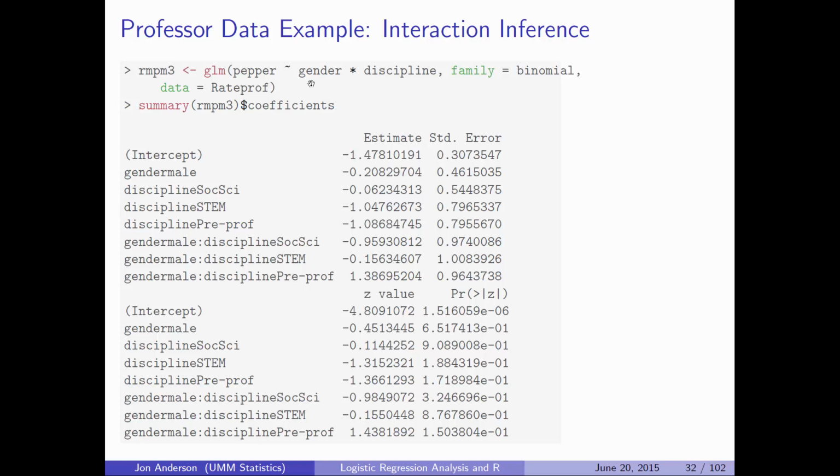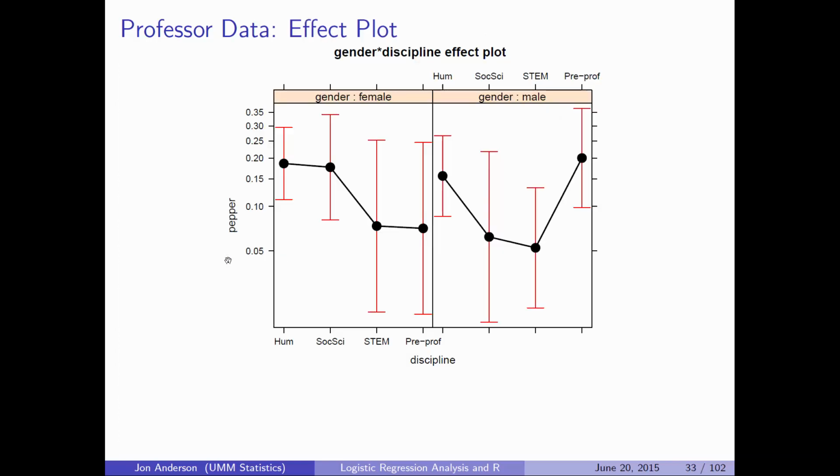And so that is a complicated interaction model, and in the next set of notes and presentations we're going to talk about how to do interpretations in odds ratios in a complicated situation like this one. And what you're going to find is that effect plots will help you understand this better, but it's still going to be quite complex, and we're going to take up this discussion in our next set of lecture notes.